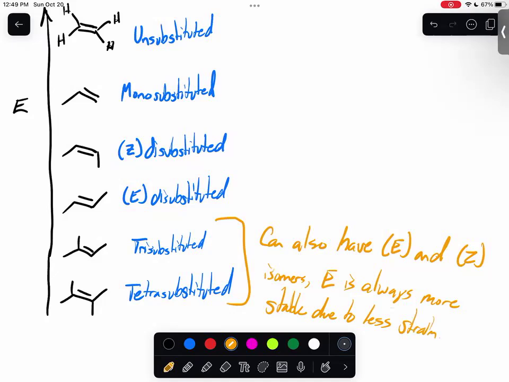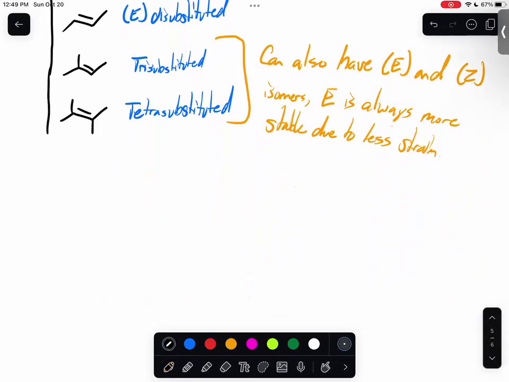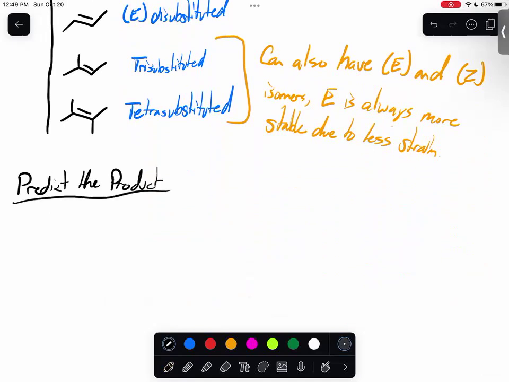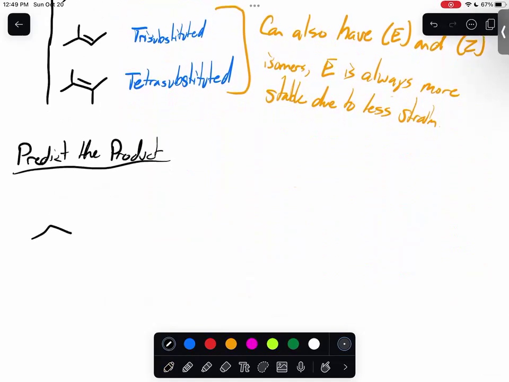Okay, so why does this matter? Well, whenever we look at an elimination, let's say we wanted to predict the product of a reaction, and let's just assume that this one only does E1 for our sake. Let's say we had a structure that looks like this, and we're doing an E1 reaction. What would the product be?